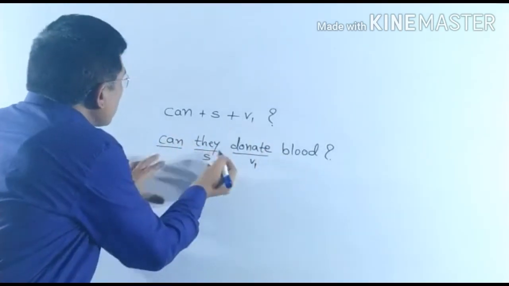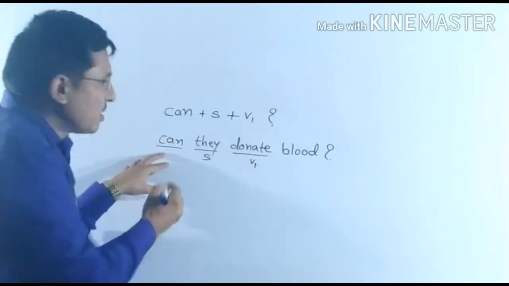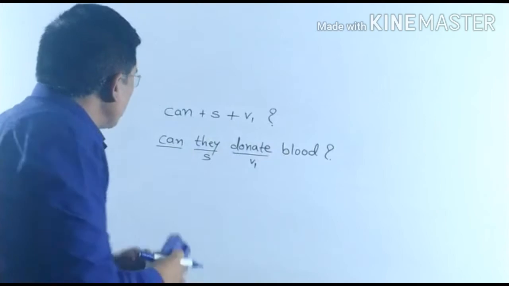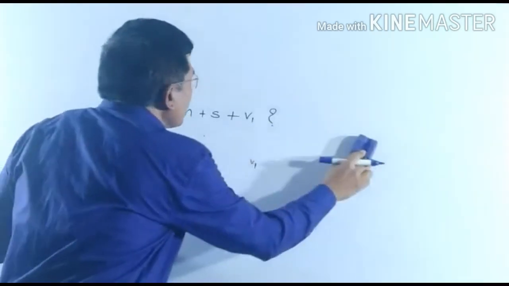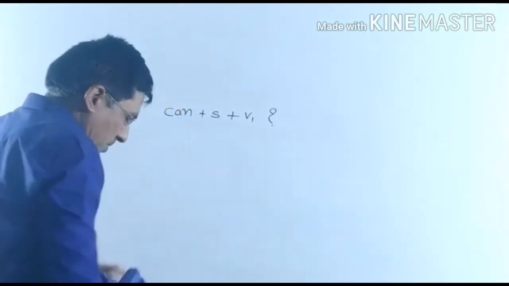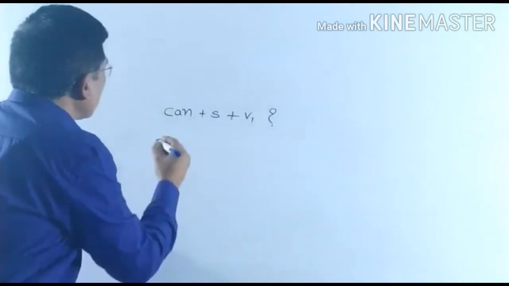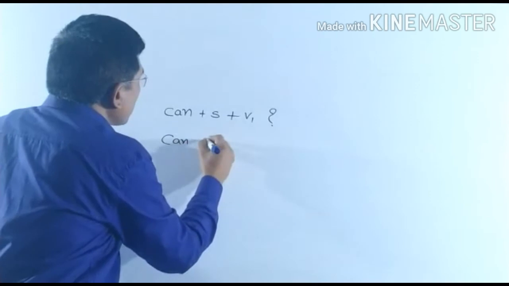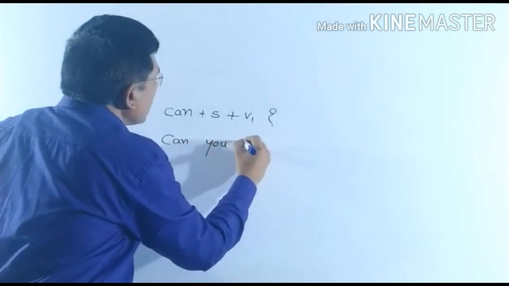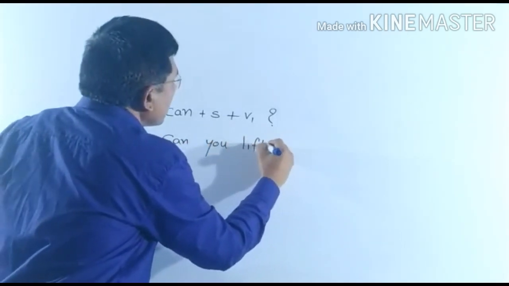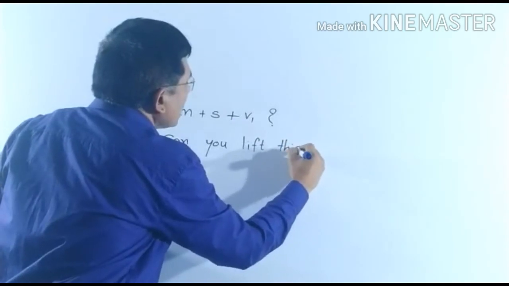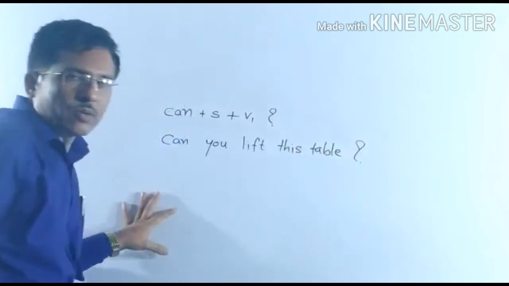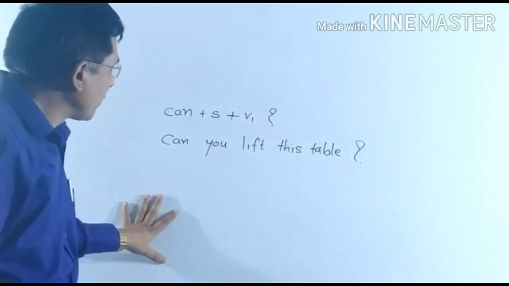You can change your subject. Can he donate blood? Can she donate blood? In this way. One more sentence. Can you lift this table?